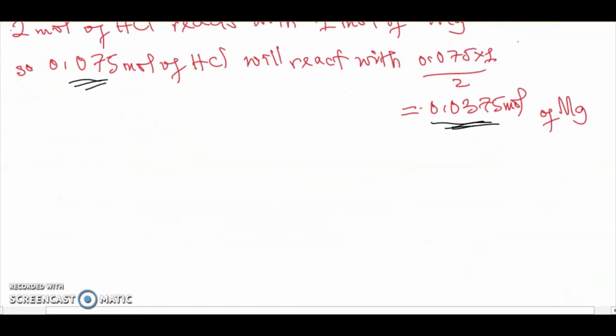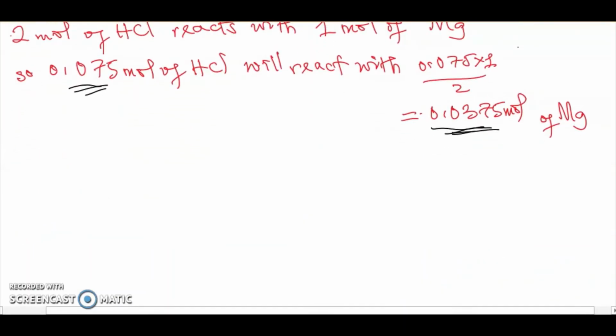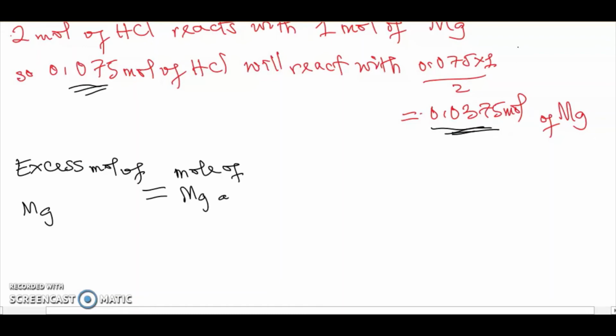So now that we know the number of moles of magnesium that reacted, we can calculate the number of moles that was left. So excess mole of magnesium. How do we calculate that? It will be equal to the moles of magnesium at the start minus the moles of magnesium that reacted.